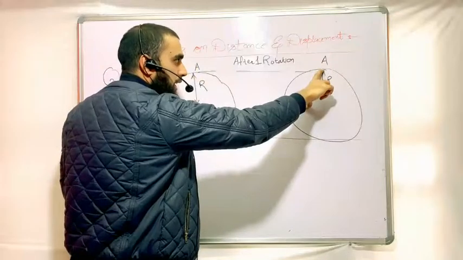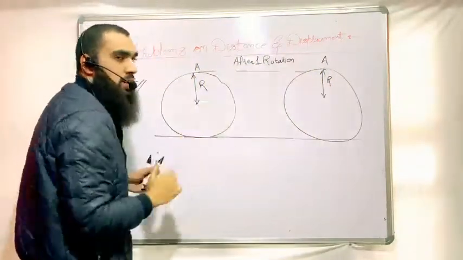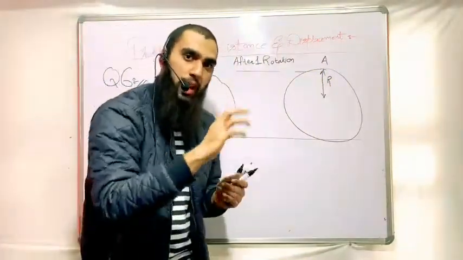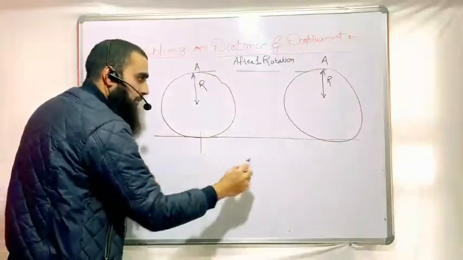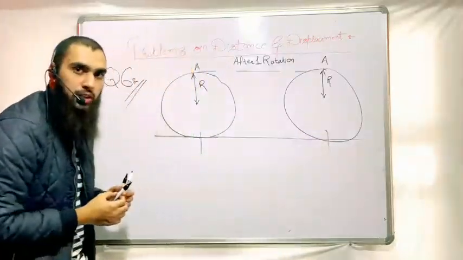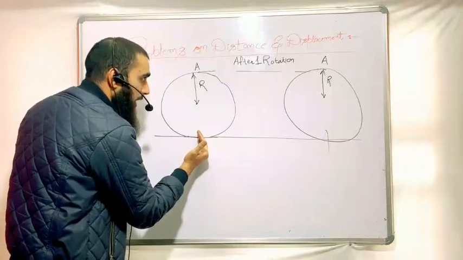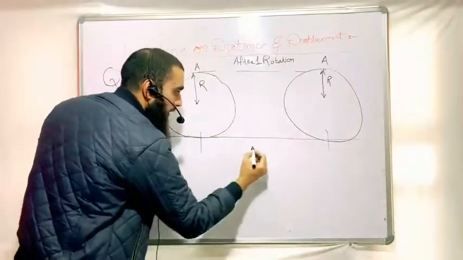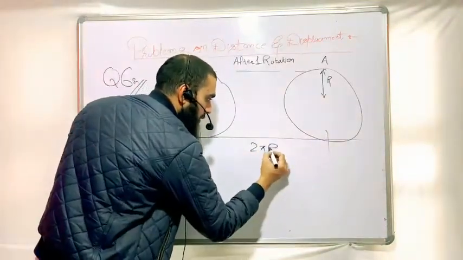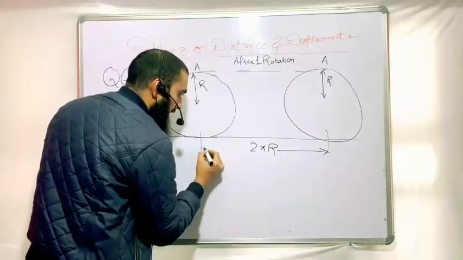The point A is at top at both the places because the wheel is fully rotating, it's coming at its own position. We need to calculate the displacement. The question is telling that calculate the displacement. Displacement is simply from A point to A point. So if it is fully rotated, the displacement will be the circumference of the wheel, that's 2 pi R.